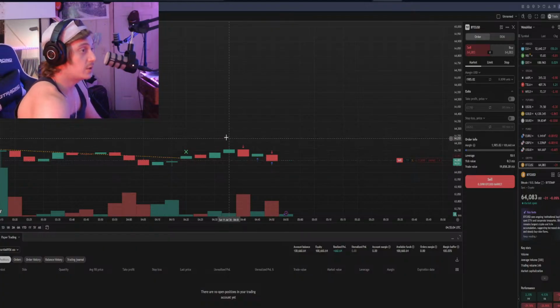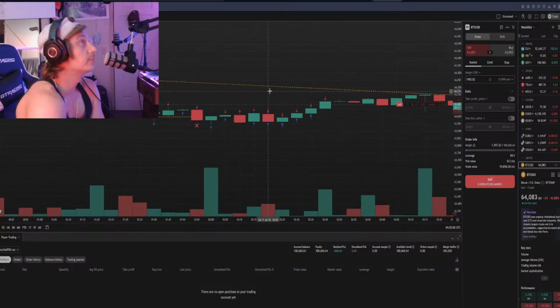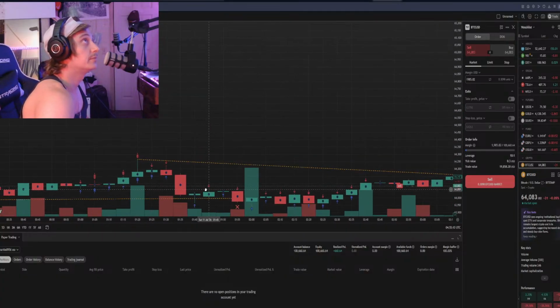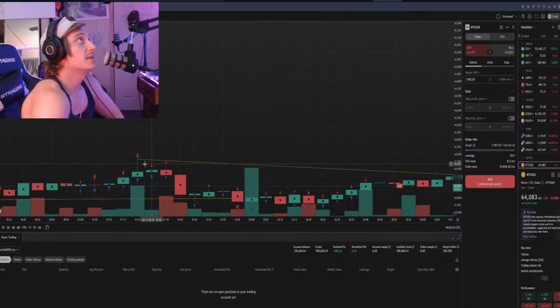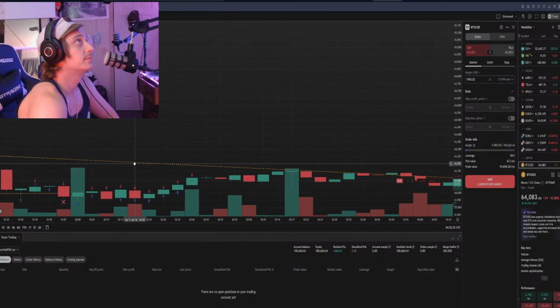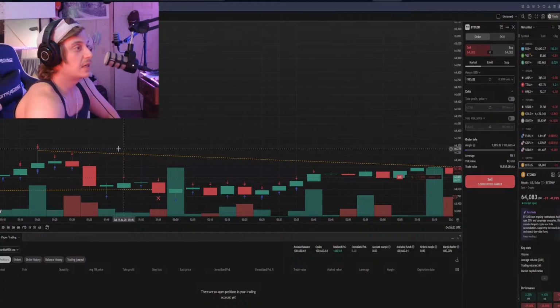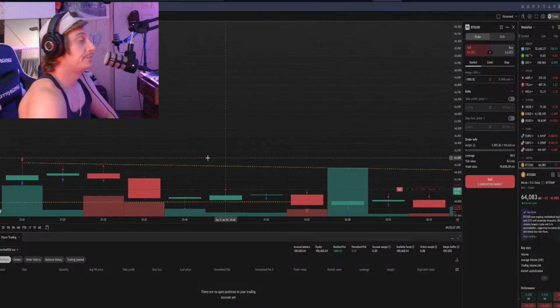So based on this trend line, this is a downward trend line. Let's see. So this arrow here has this dotted line coming down like this. But see, it is touching the very tip of this candle.